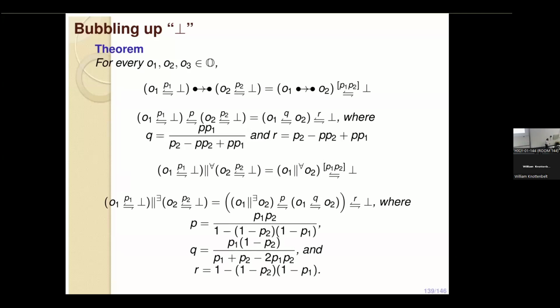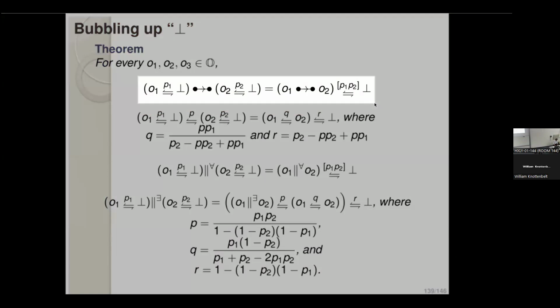For example, this one, the one at the very top, helps us push these bottom signs to the top level, right? And as soon as you get it to the very top level, you can say that this particular design has this particular failure rate, right?